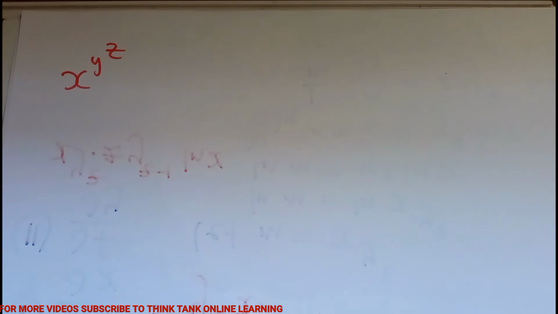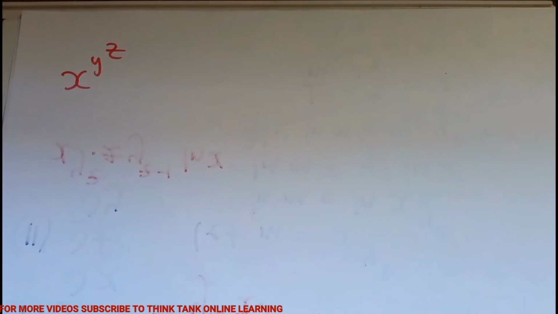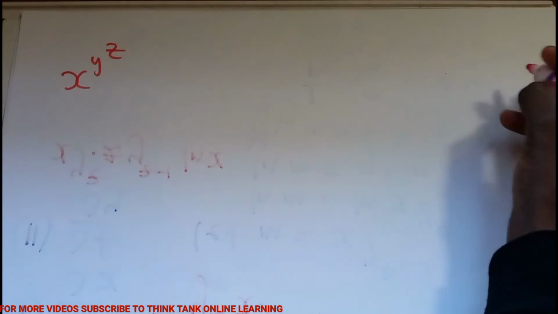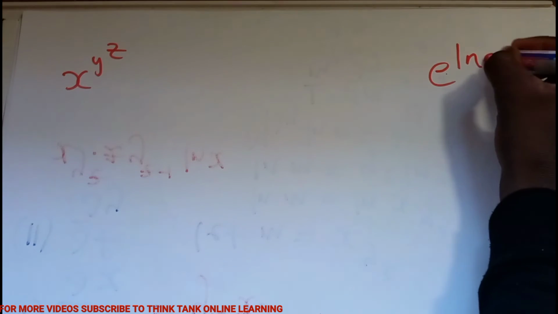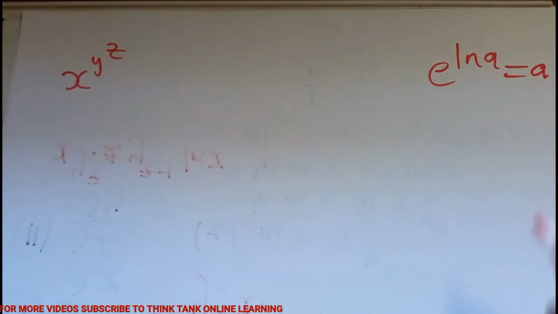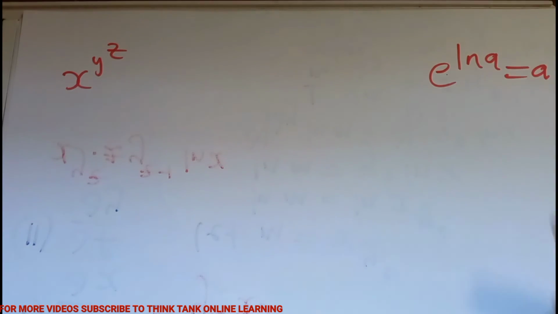You can write this in terms of e and ln. We're just going to use this concept: e to the power ln a is equal to a. Exponential raised to the natural log is equal to 1.